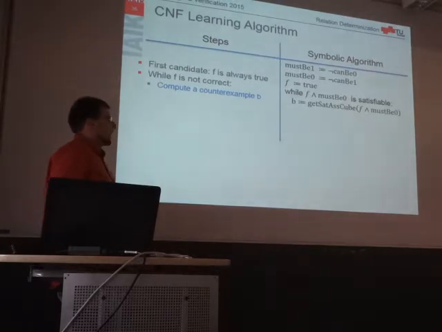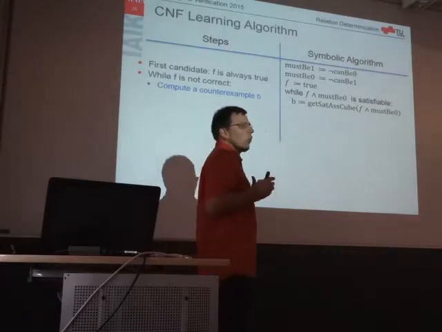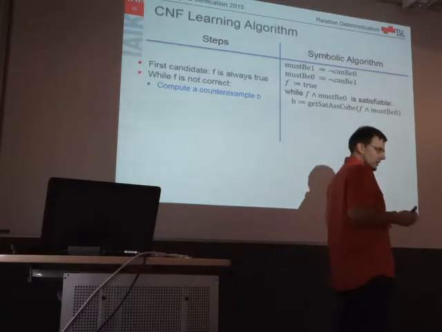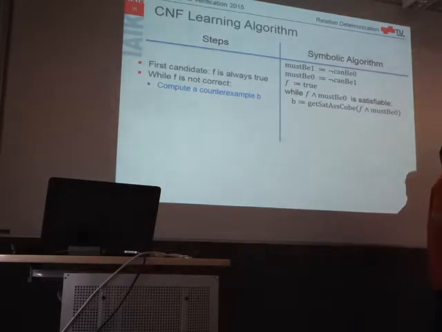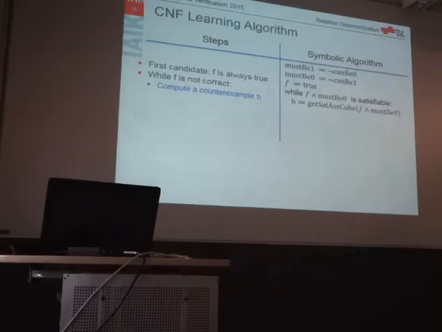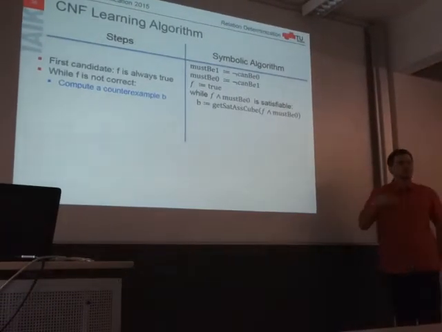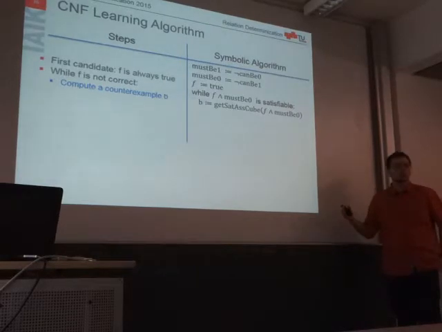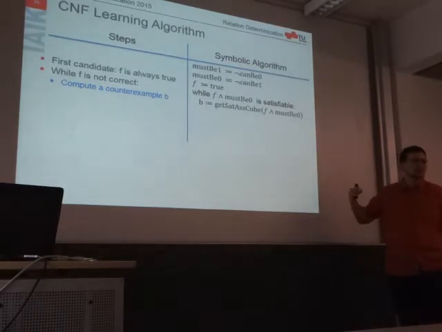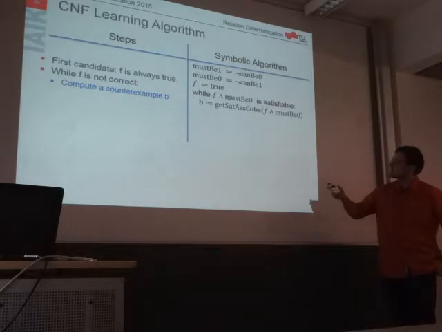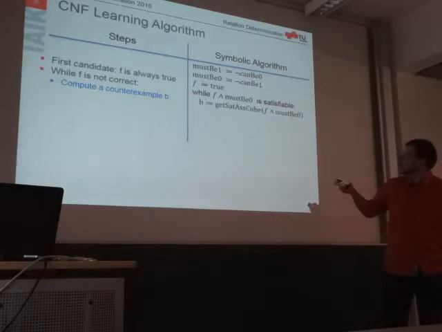If this is satisfiable, you look for one assignment that satisfies this equation, which is then your counterexample that you can use to make an updated guess. This is also why it is so important that SAT solvers are capable of giving you satisfying models, because this is exactly what you need here. A satisfying model would exactly be what this function gives you.